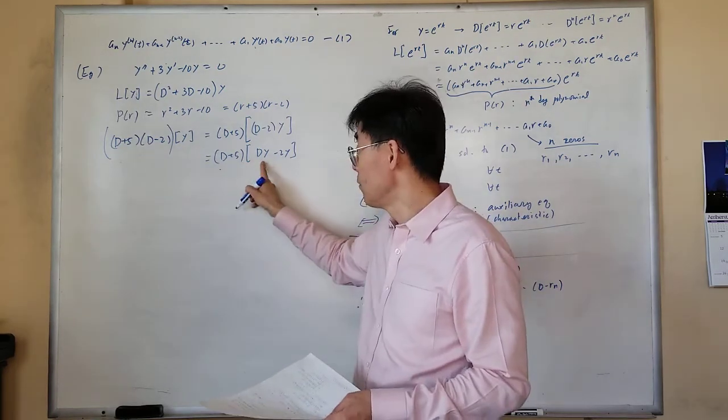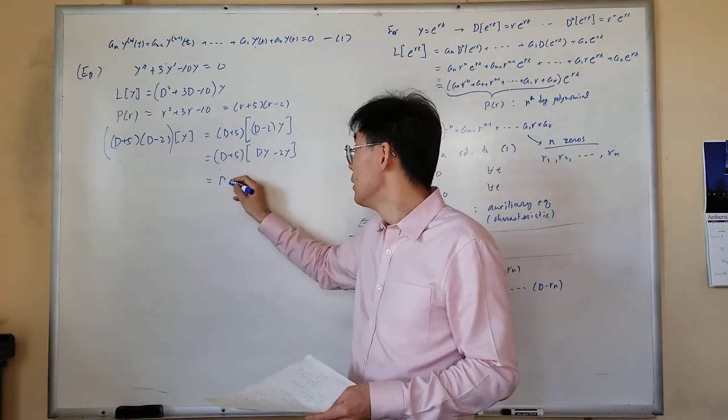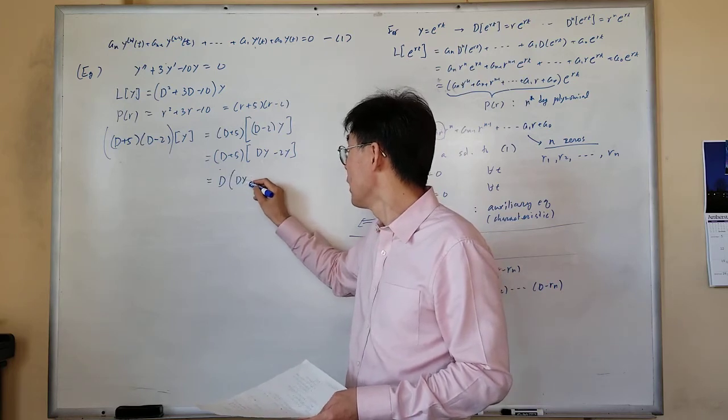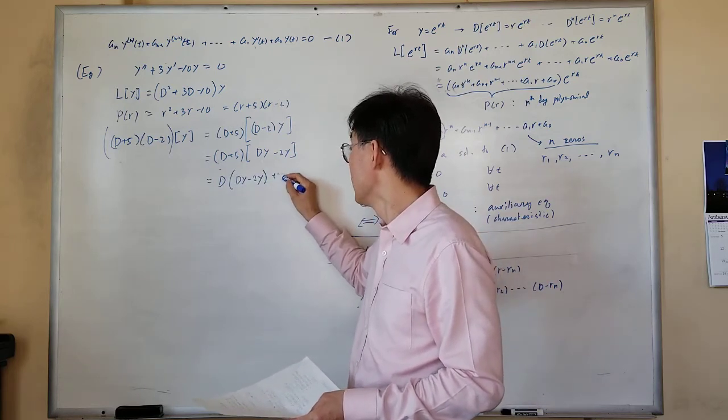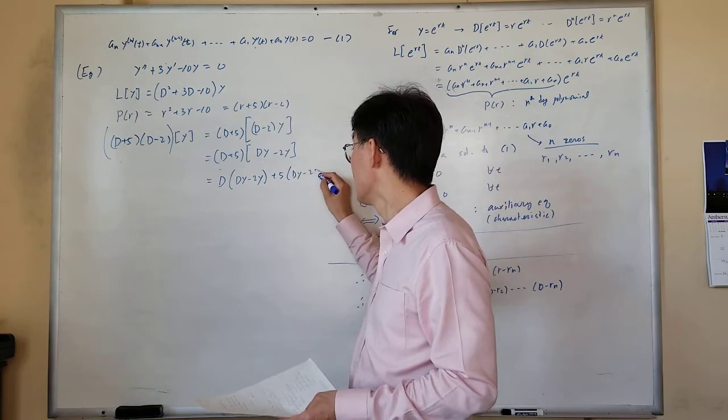Then by the distributive law, d of dy minus 2y plus 5 times dy minus 2y.